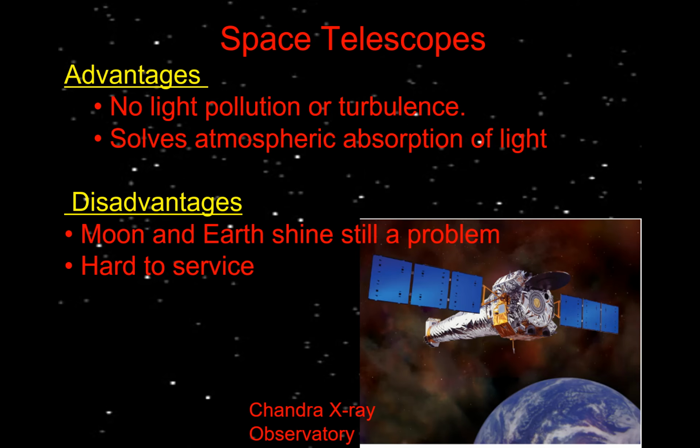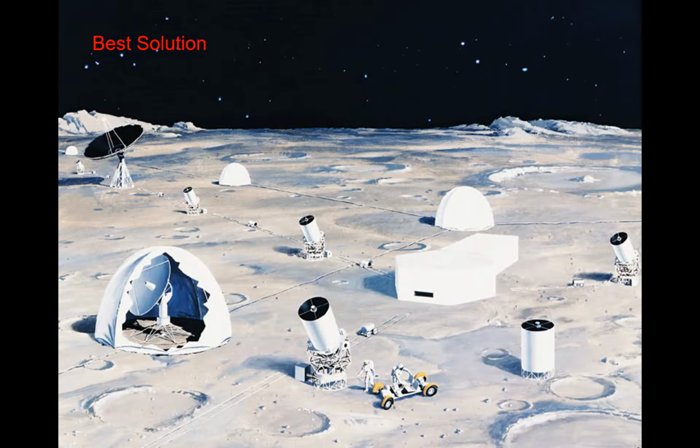But what is a problem with both Hubble and the Webb Telescope is that it will be hard to service. If something goes wrong with a telescope in orbit or out at L2 as Webb is, it will be very hard to fix. And Hubble has already had one servicing mission to fix a major flaw. A good solution is putting telescopes on the moon.